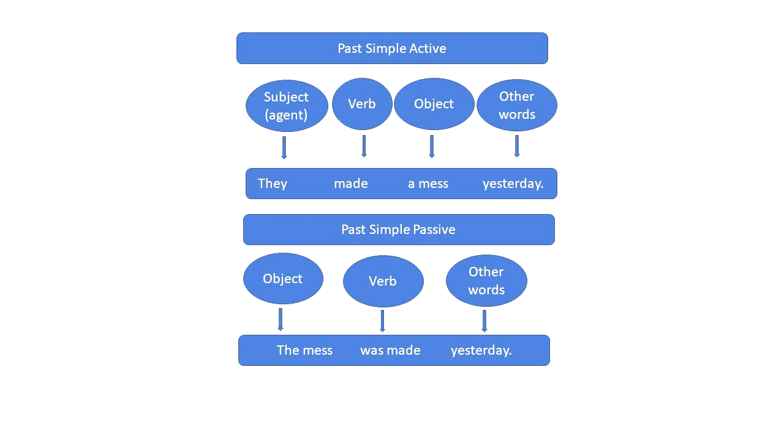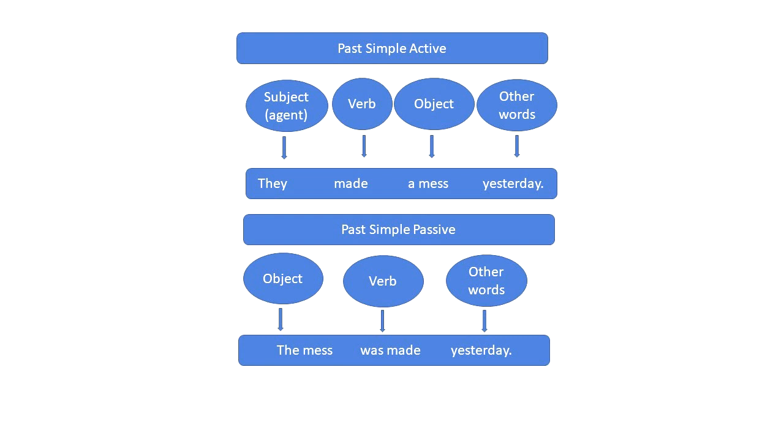First, let's have a look at the past simple active voice and its formation. What do we have? They made a mess yesterday. A typical active voice sentence in the past simple tense. We have subject or agent, in this case they, verb, made in past simple, object, a mess, and yesterday, well, in this case, we will just refer to this as other words.